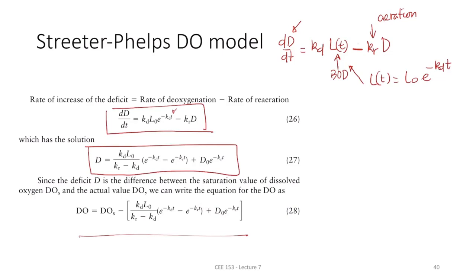What it means is that the deficit is a function of two terms. One is related to the deficit itself, and the second is related to BOD. So this term is related to BOD. This term is related to aeration. But as you notice, this also has an aeration term.